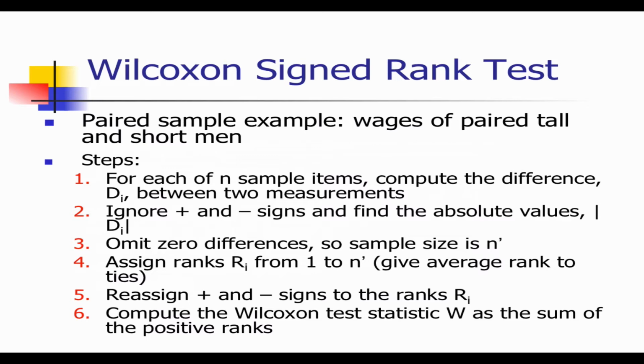Now, because the data can be any distribution, essentially, if this is one population, and this is the other population, and you're comparing between those two distributions, you're comparing the median of these two distributions, or the center location of the two distributions.